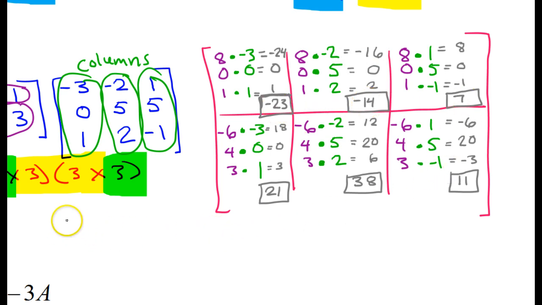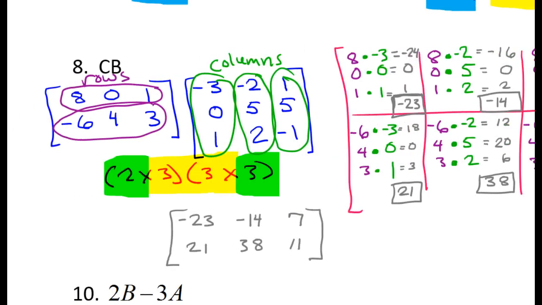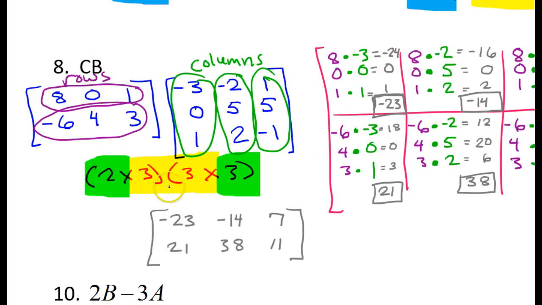So the final answer will be the matrix -23, -14, 7, 21, 38, and 11. This is the final answer for matrix C times matrix B.